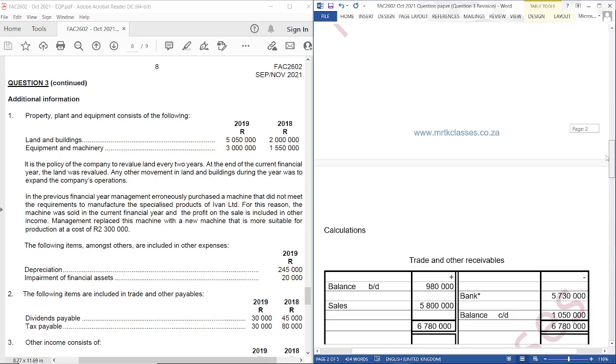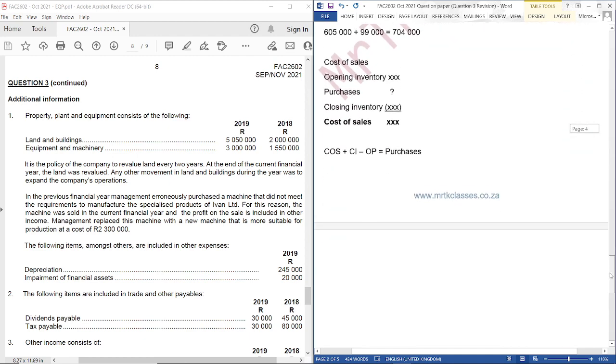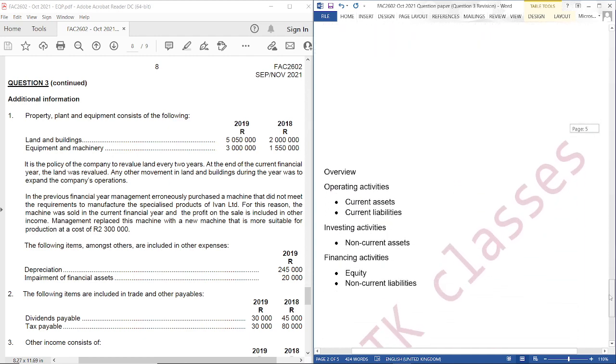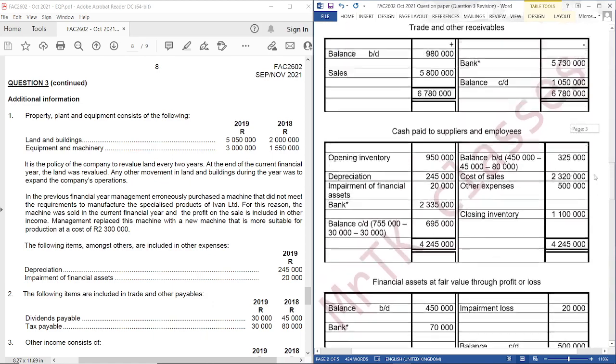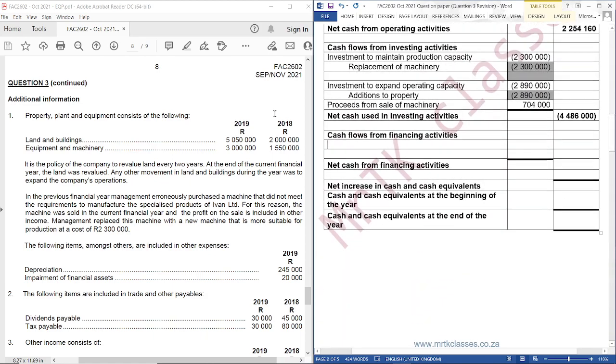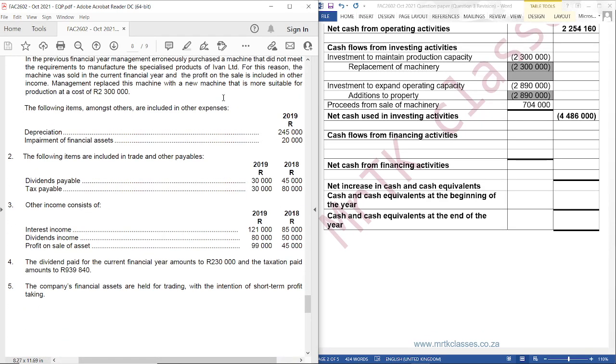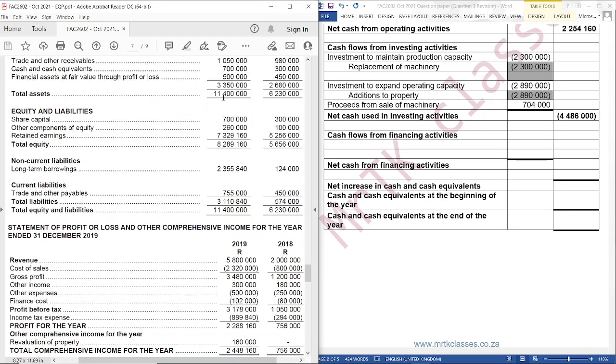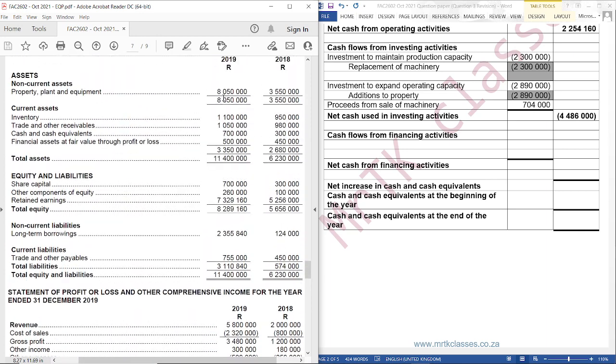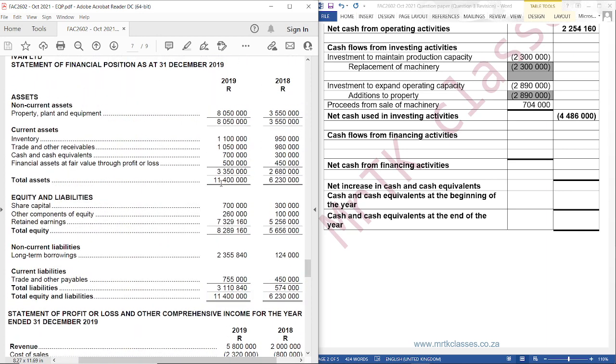So let us move on to financing activities. We are looking at equity and non-current liabilities. I didn't see any adjustment in regards to equity or non-current liabilities, which makes our life very easy, right? Equity changed from 300,000 to 700,000, which means that there was an issue of shares there.